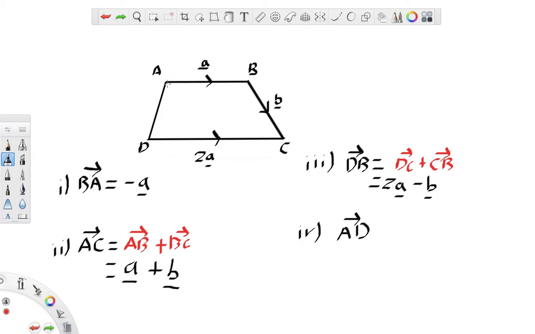Well, we could go from A to B, then B to C, and then C to D. So again, I will write that out: A to B plus B to C plus C to D.